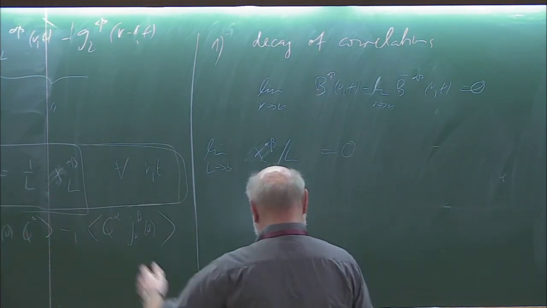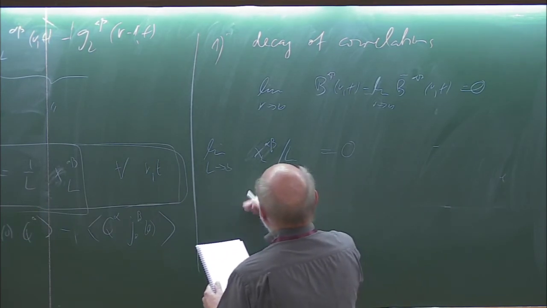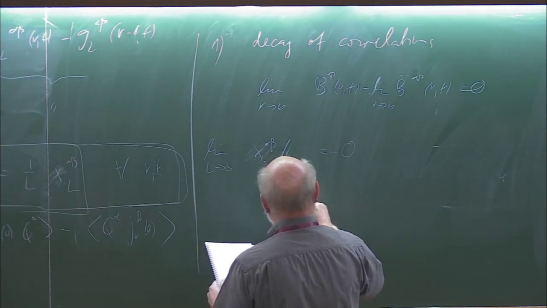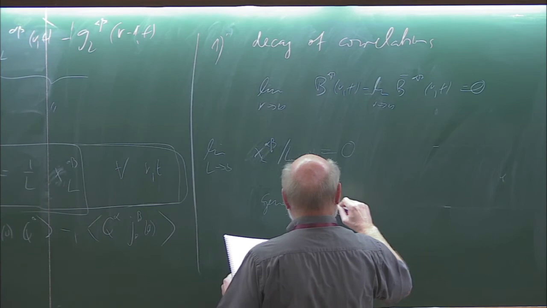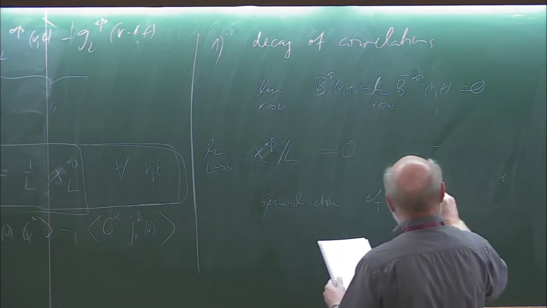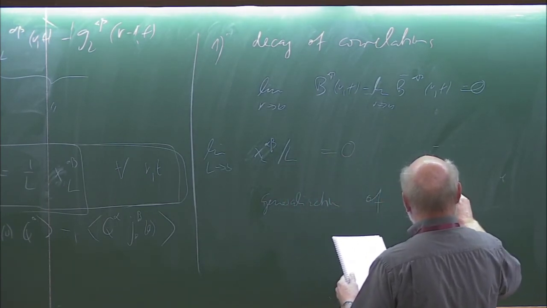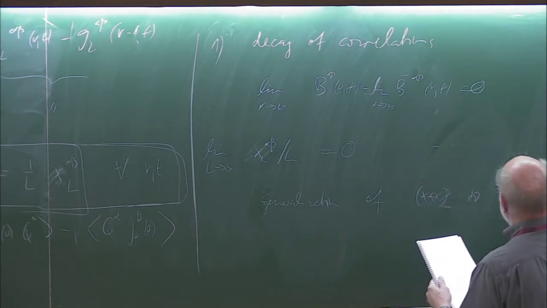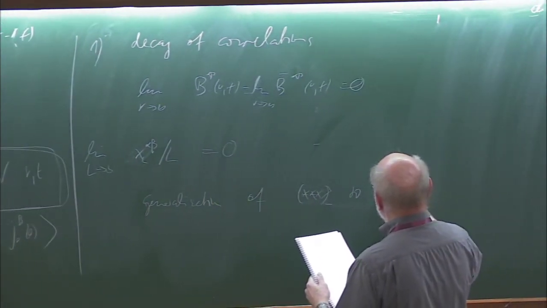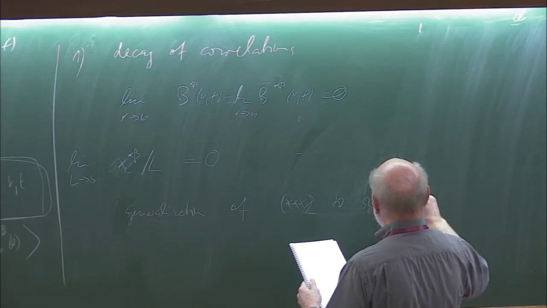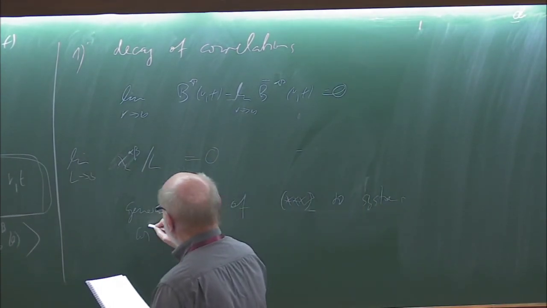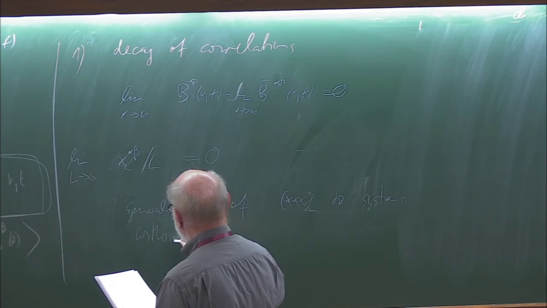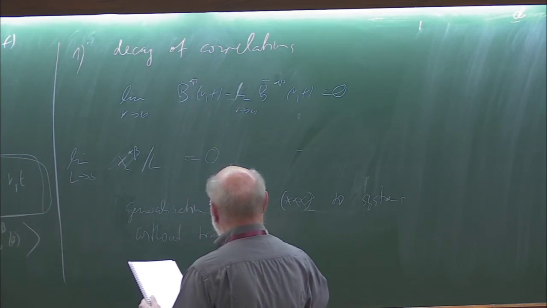So if this is 0, then this is 0. And this is the generalization of 3 to non-translation invariant systems, systems without translation invariance.